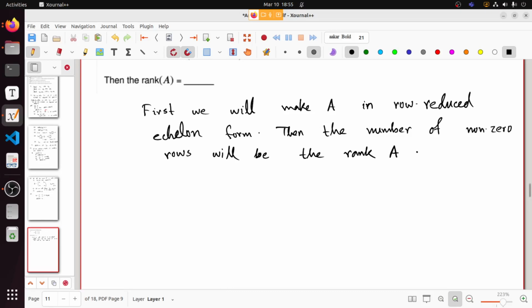So let's do it. A is given, a 3 by 3 matrix: pi, 0, 1; 1, square, pi; 0, 1, right?